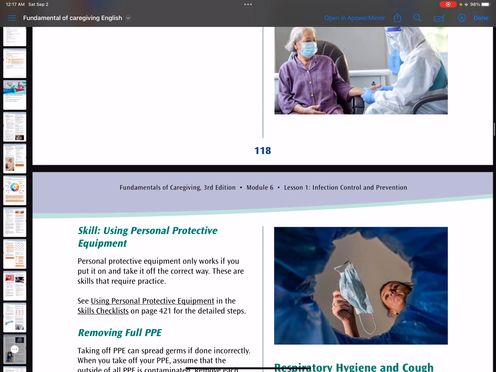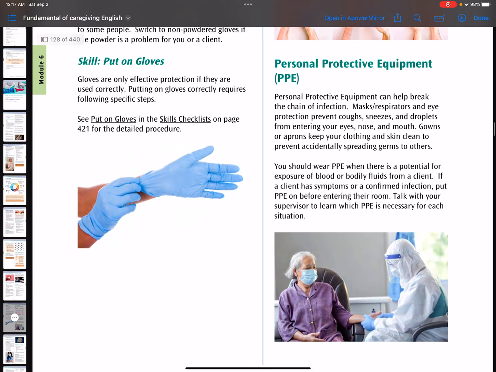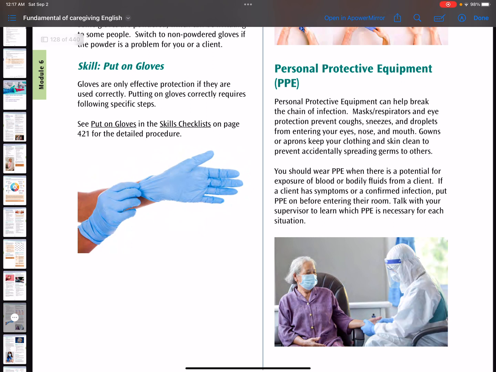PPE. We all know about PPE because of COVID. It stands for Personal Protective Equipment. PPE can help break the chain of infection. Masks or respirators and eye protection prevent coughs, sneezes, and droplets from entering your eyes, nose, and mouth. Gowns or aprons keep your clothing and skin clean to prevent accidentally spreading germs to others.